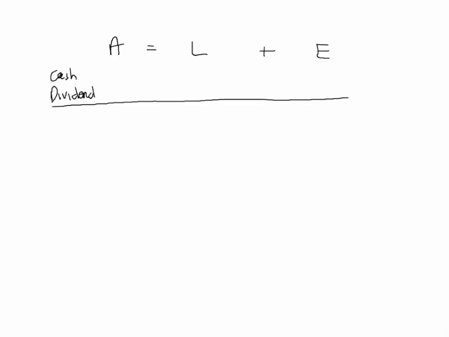Now, I want to track for a moment what's happening. If we're looking at assets equals liabilities plus equity, when there is a cash dividend, what happens to all these factors? And I'm talking net, not at the date of declaration or anything.